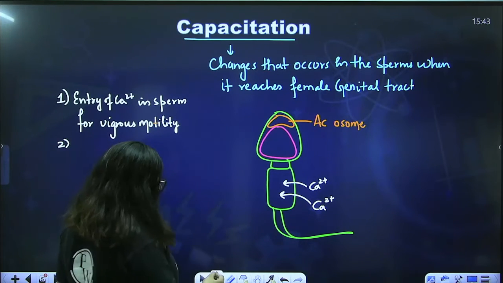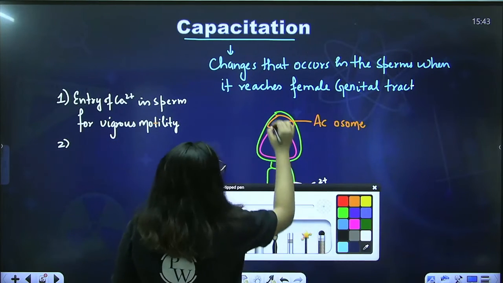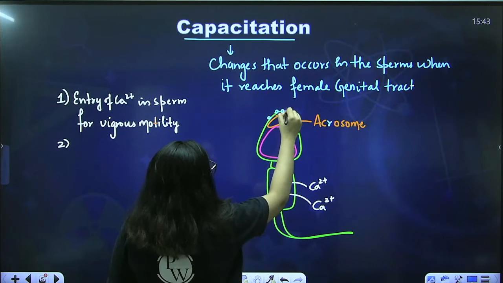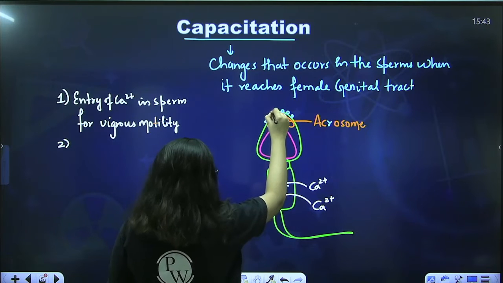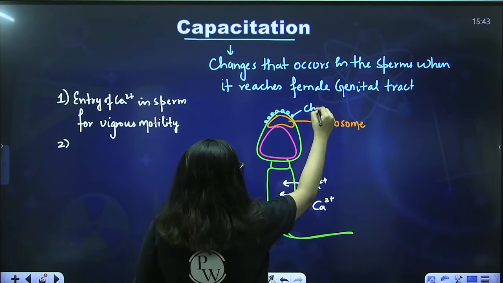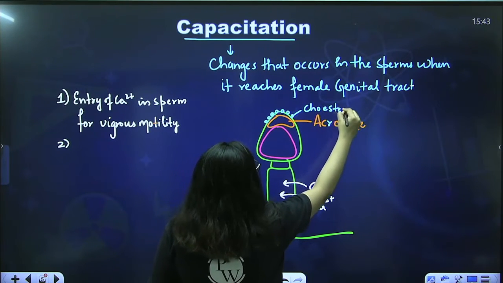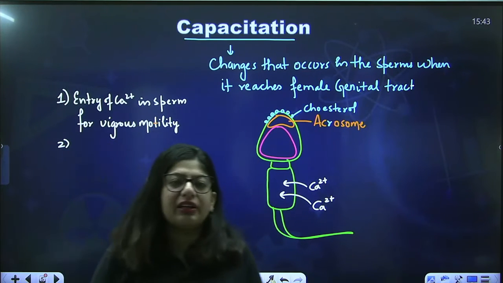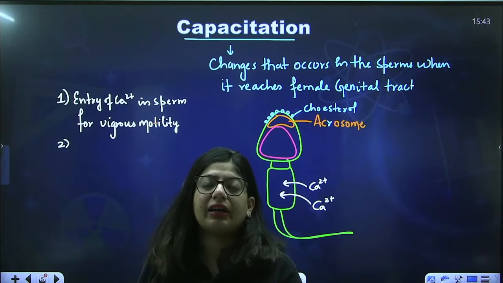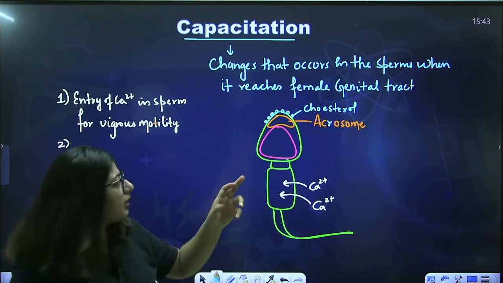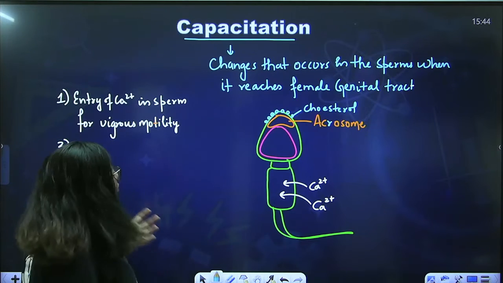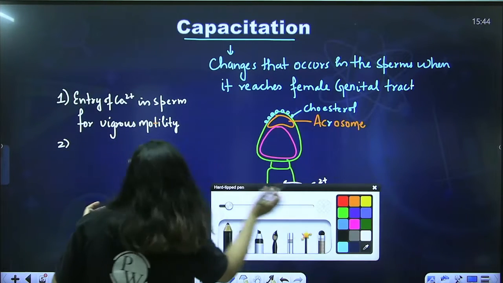To free the acrosome, there is cholesterol present on its membrane. Imagine this is a plasma membrane, right? And what is this cholesterol? When I remove the cholesterol from this membrane, the membrane will disintegrate, the membrane will break, and the acrosome will be exposed. So that's the second change that occurs.